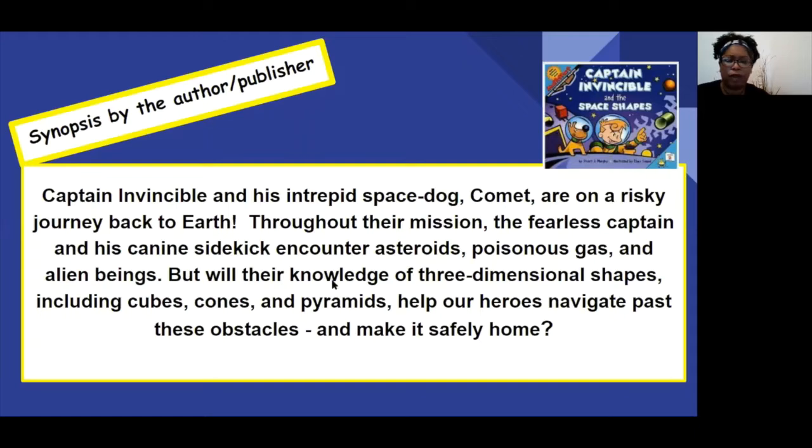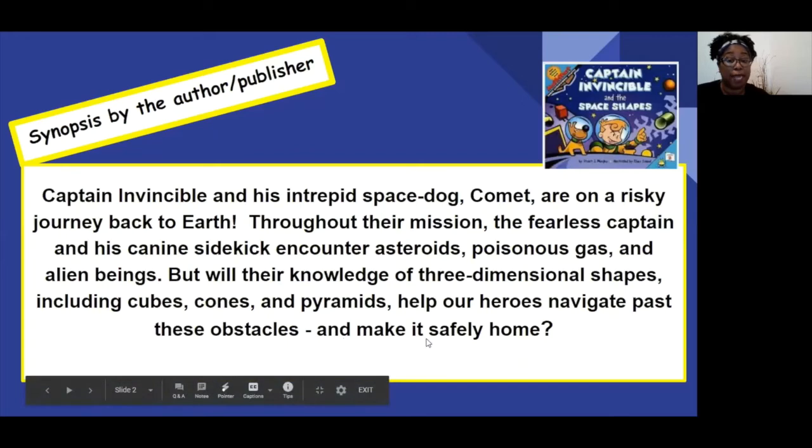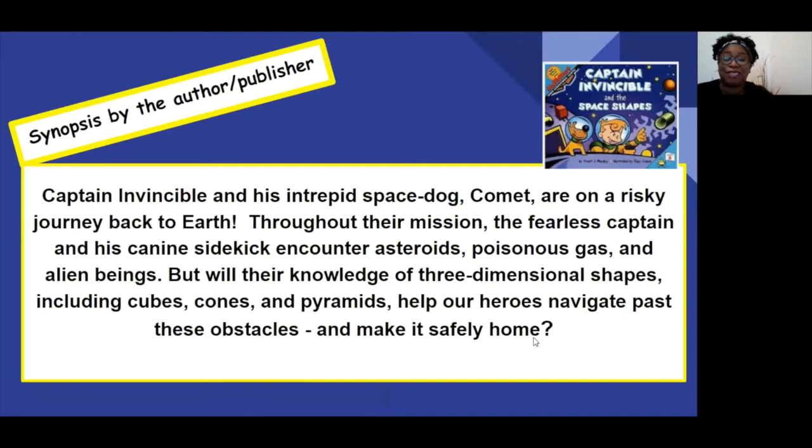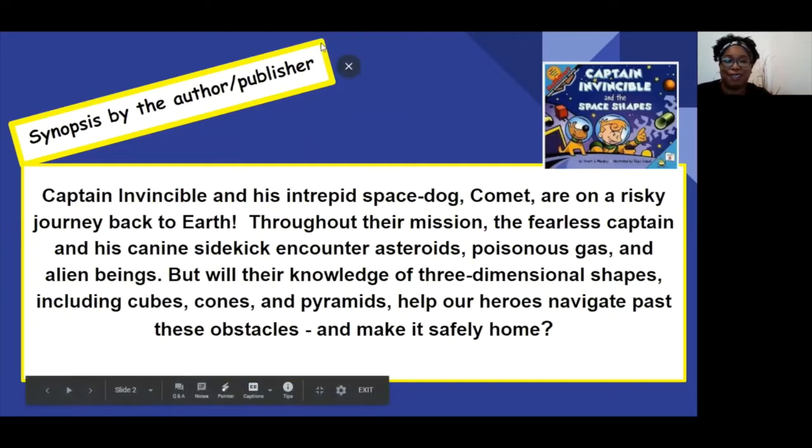But will their knowledge of three-dimensional shapes, including cubes, cones, and pyramids, help our heroes navigate past these obstacles and make it home safely? Who knows? Let's see. Okay, I'll see you after the story.